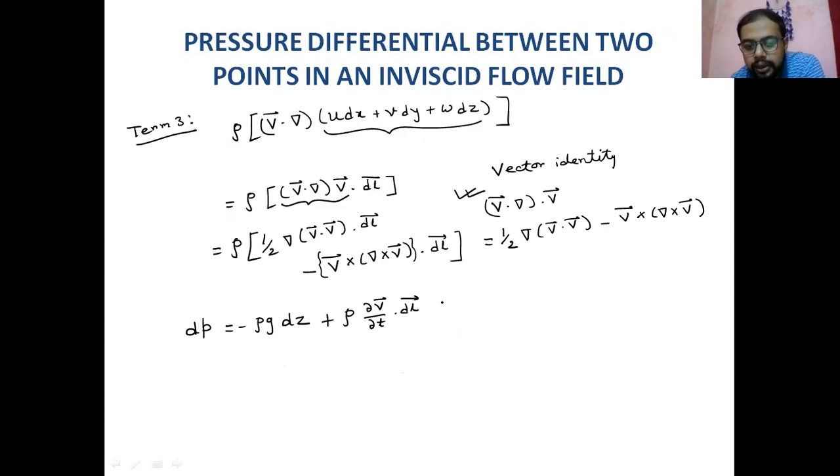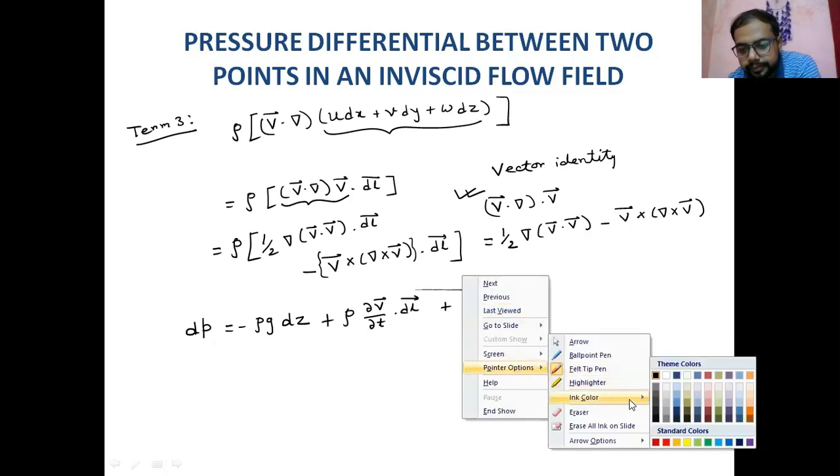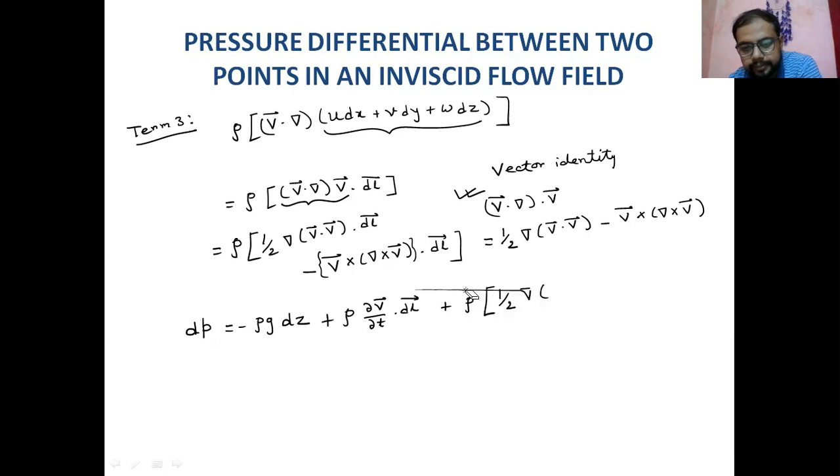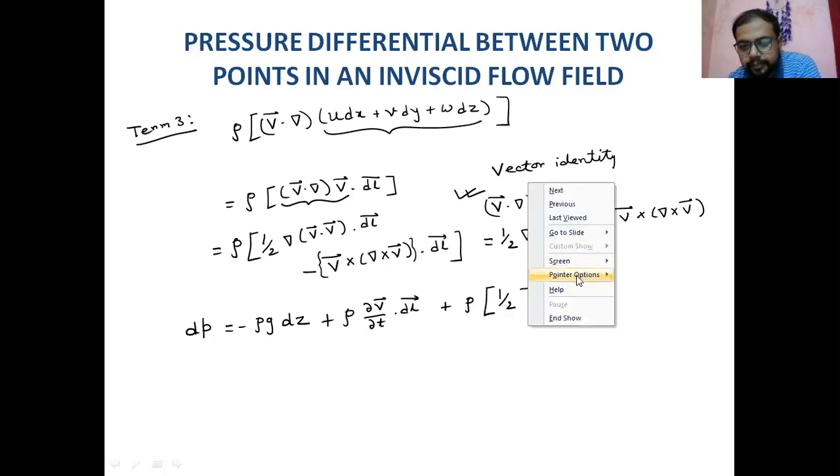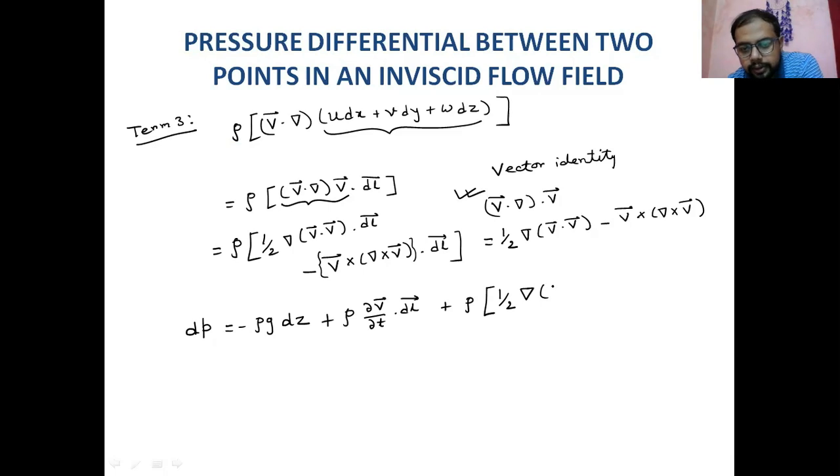Term 1, term 2, and now term 3: half del v dot v dot dl minus v cross del cross v.